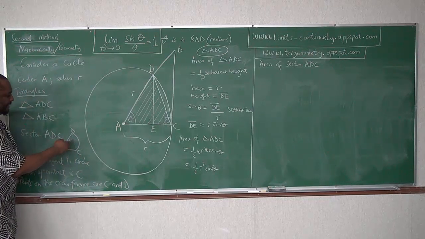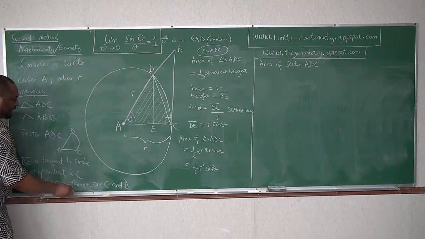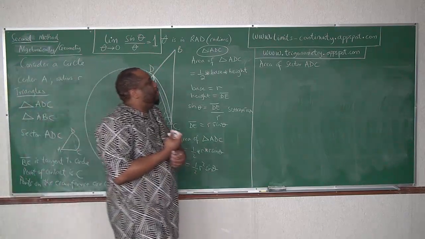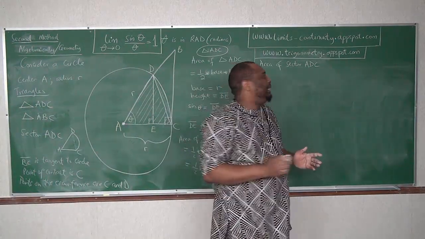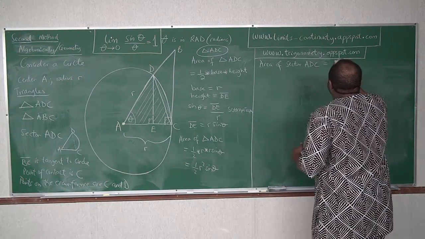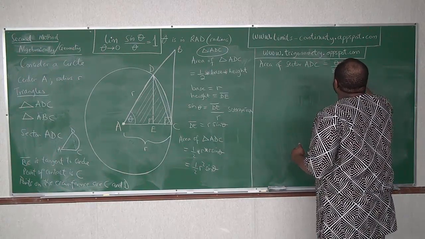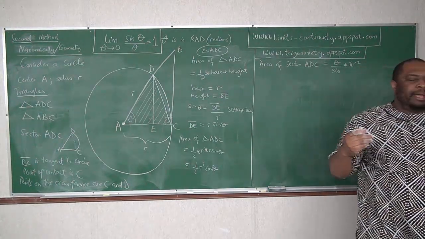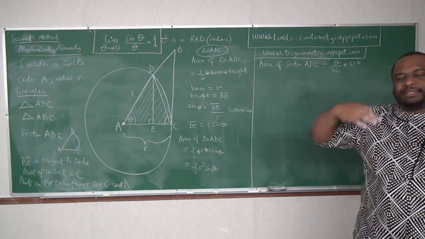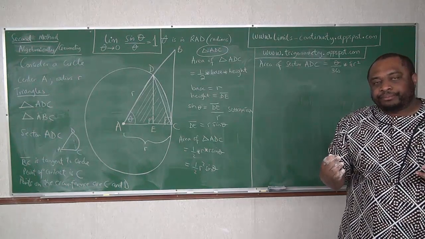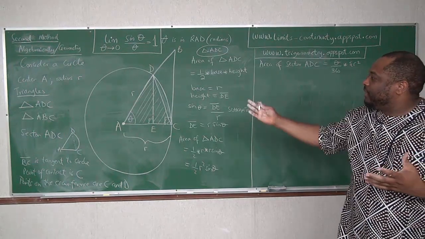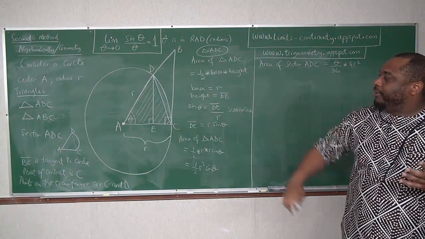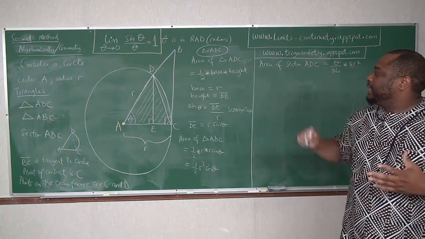Now, area of sector is theta over 360 times pi r squared, because it's theta over 360 times the area of the circle. That's the area of the minor sector.